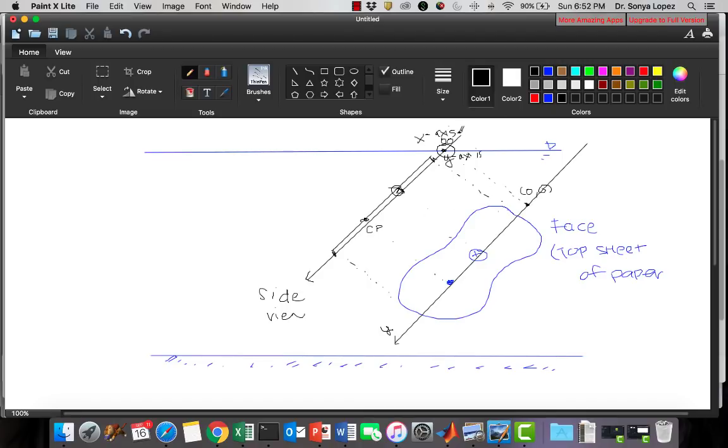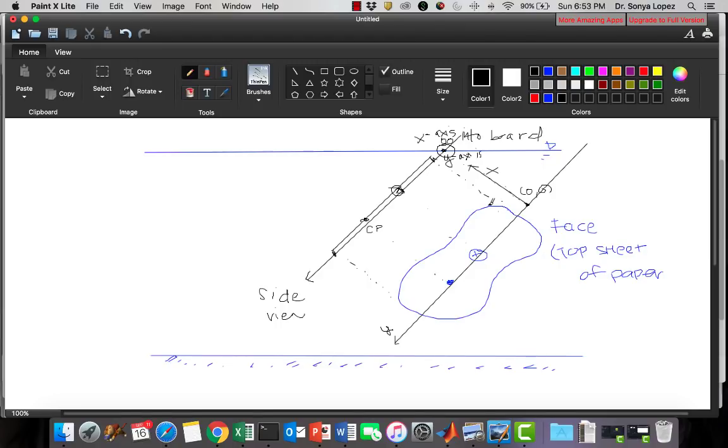And since this is the top, the face view, our x-axis is actually acting in this direction. So this is my x.